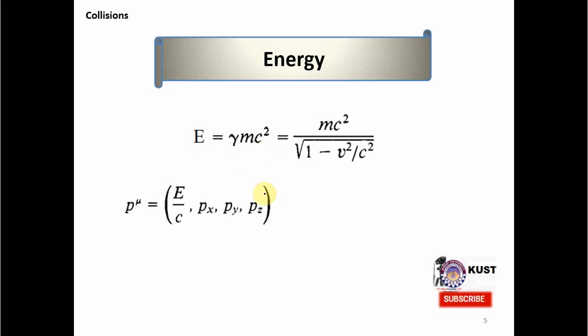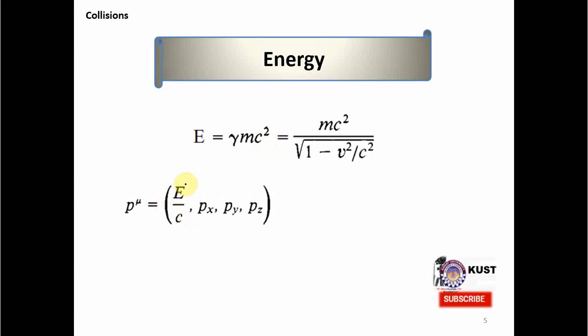And in the 4 vector notation, we know that p mu was E by c, as I mentioned in the previous slide, that the time component of the 4 vector p mu can be written in terms of the energy, and you can test it over here that it is really the momentum, because if you put the value of E over here, it is gamma mc square, and one c will be cancelled and you are left with the product of mass and velocity.